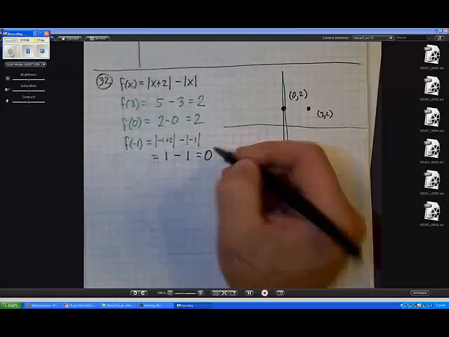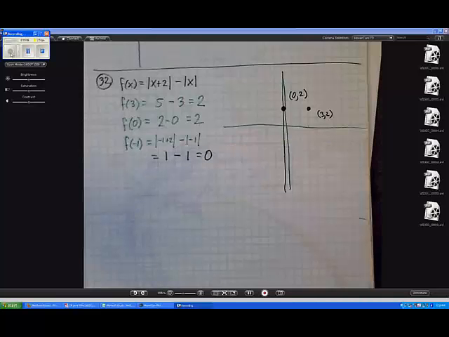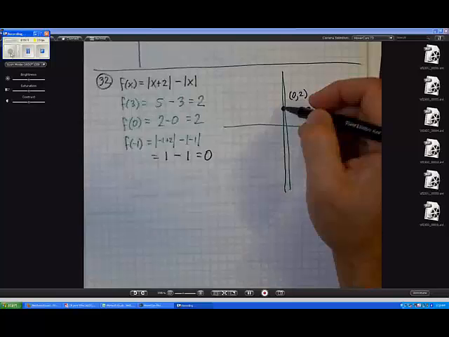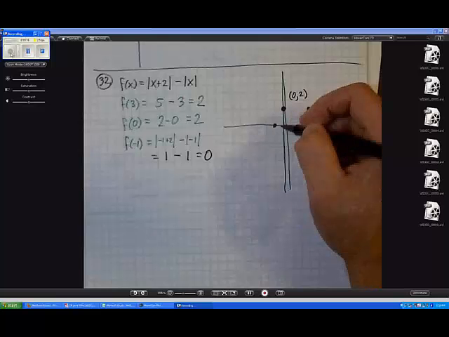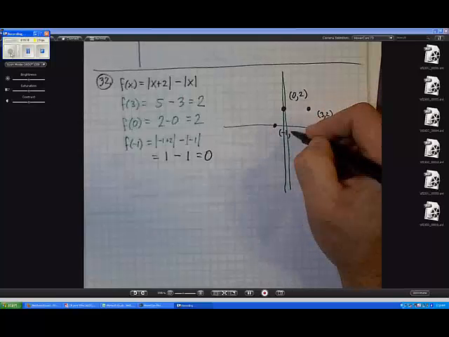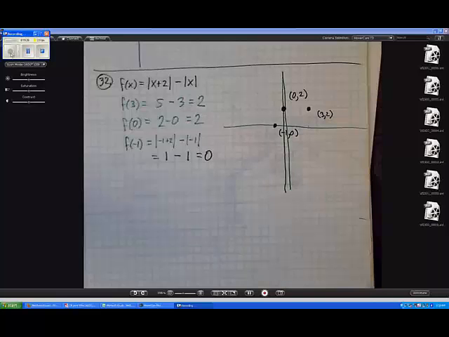So this is the first time I didn't get an output of 2. I got an output of 0 this time. Do you guys see that? So that says that one of the points on the graph is -1, 0. You guys with me?